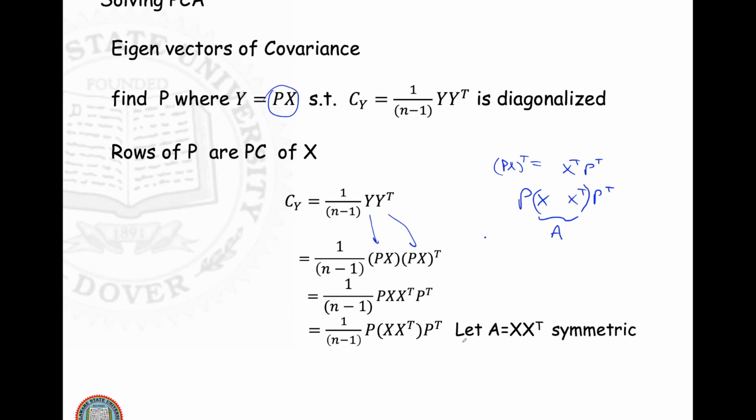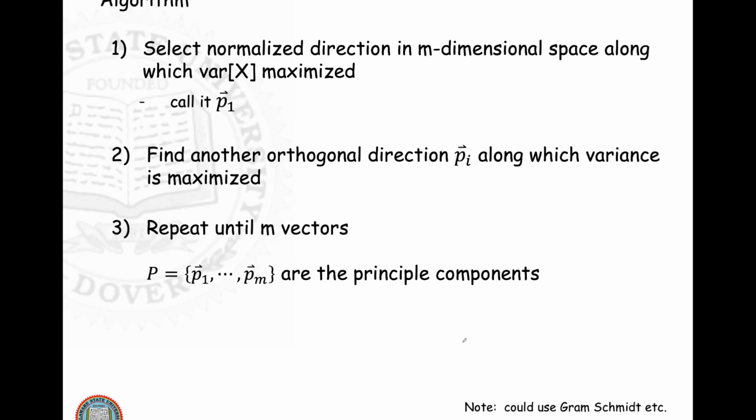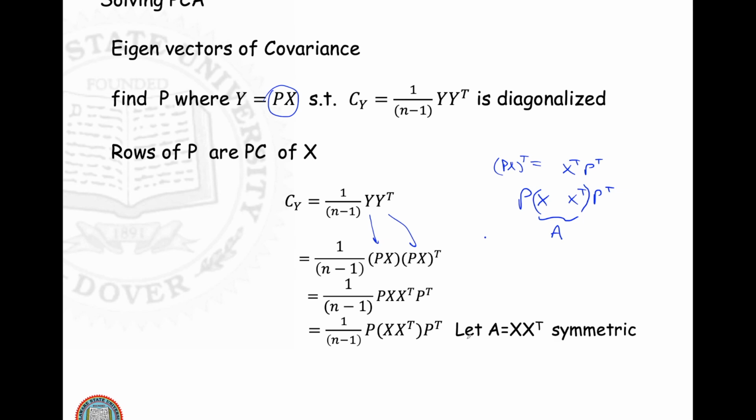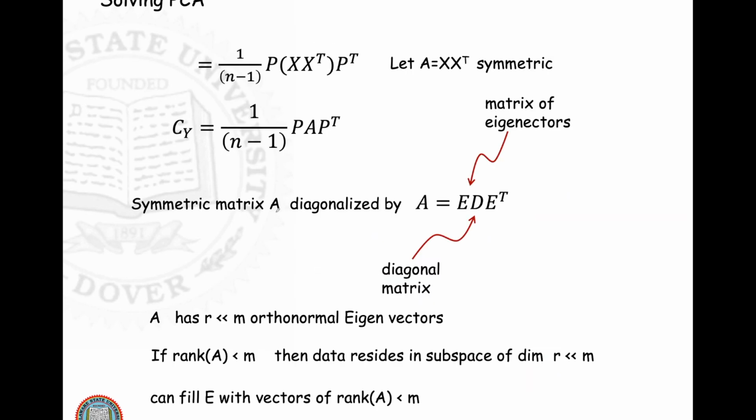So we know it's going to be symmetric because X is just our original data matrix, and X was M by N. And so we're going to have M by N times N by M. That's just an M by M matrix, which is square. And it is also symmetric. The outer product result is symmetric. Okay, so now we have our new version of the system, and we're going to call this P transpose.